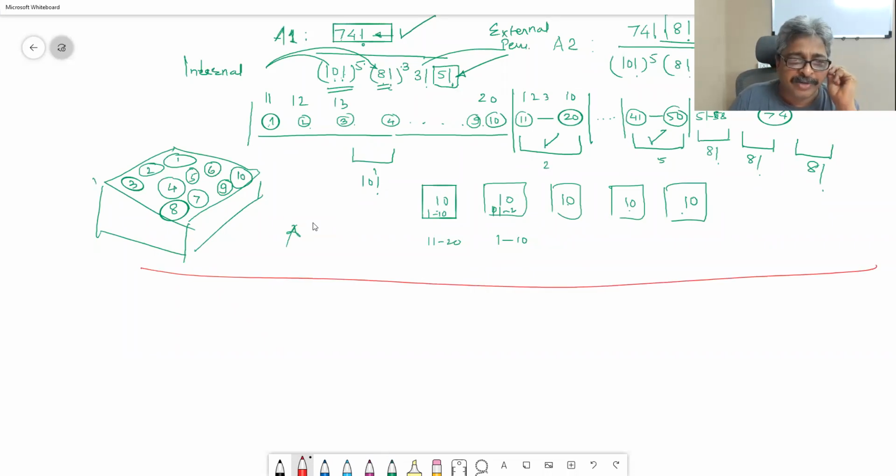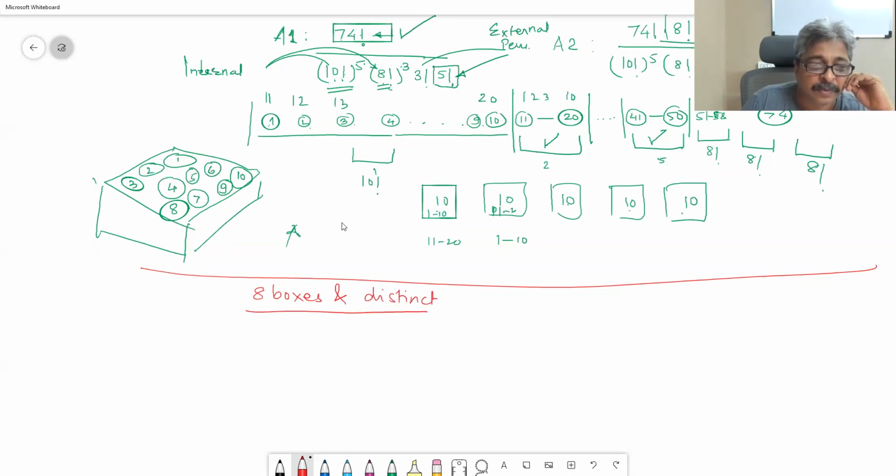So you have a total of 74 objects. Let us start with how many boxes we have? 8 boxes, and let them be distinct. Let us start with distinct boxes.